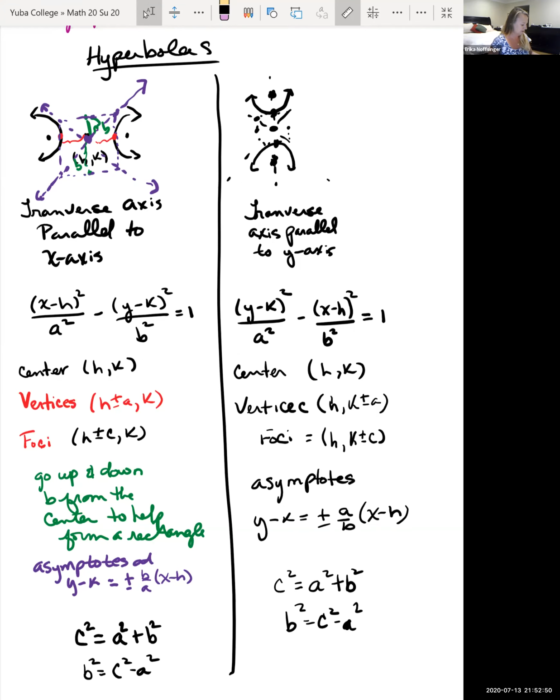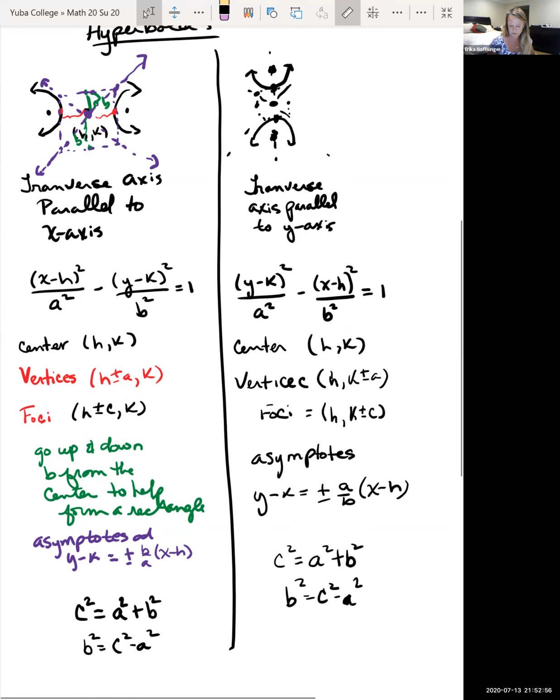Okay, so let me grab some. Okay, so again, this equation almost looks identical to your ellipse. So we're going to be putting it in this form similar to how we were just doing it with the ellipse. Instead, this has a minus instead of a plus in between.